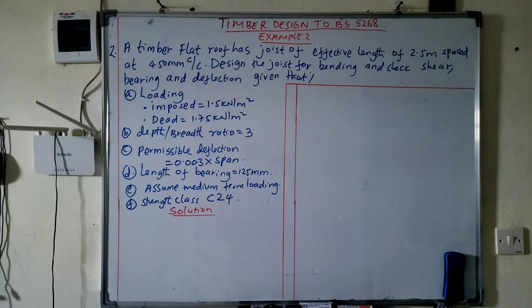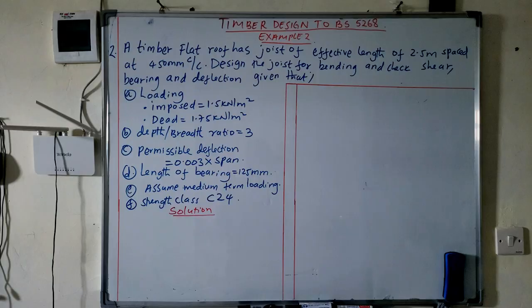Design the joist for bending and check shear, bearing, and deflection given that A. Loading: imposed equals 1.5 kilonewton per meter square. Dead load equals 1.75 kilonewton per meter square. Then B, we have depth to breadth ratio equal to 3.